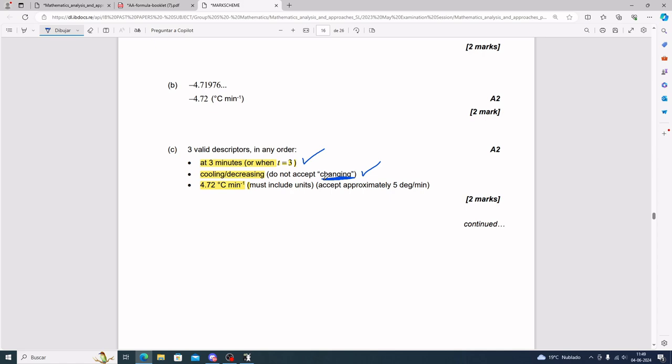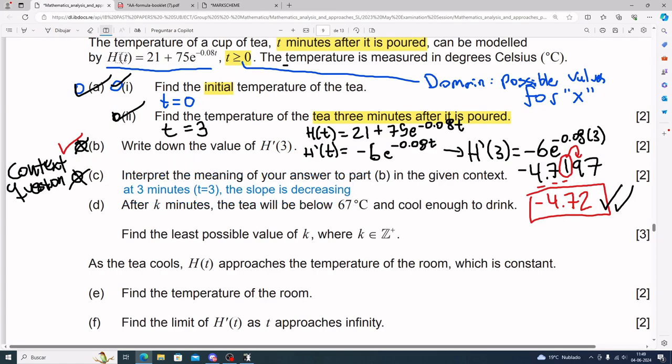So the moment you say decreasing, you're understanding that this negative 4.72 means that the temperature is lowering because it's negative. That's why they don't want you to say changing. They want you to understand that the slope is decreasing. So at 3 minutes, t equals 3, the slope is decreasing. And here you can get awfully specific and say at a rate of negative 4.72 Celsius.